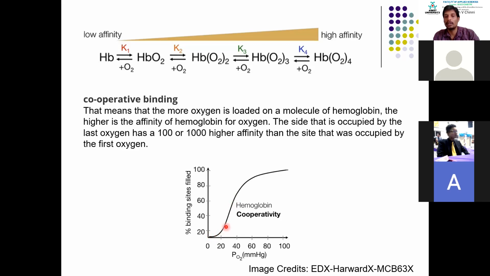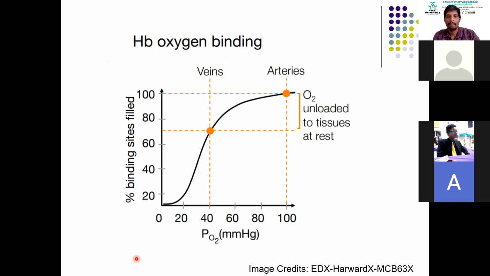See this, you can see a very logarithmic kind of change, and a very high peak. Then once it reaches around 80, almost 100% of the hemoglobin is bound to the oxygen. Okay, so hemoglobin oxygen binding.